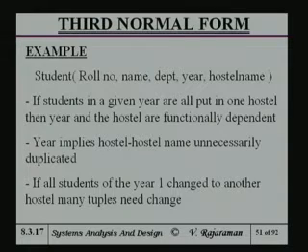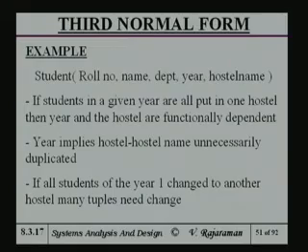Let me give an example of what I mean by unnecessary duplication of data, and what is meant by functional dependency between non-key attributes. Take a relation student. I am giving only the important attributes. There may be many more attributes, but I am not concerned in this example with all the other attributes. So student, the key of course is roll number, and name, department, year, and hostel name.